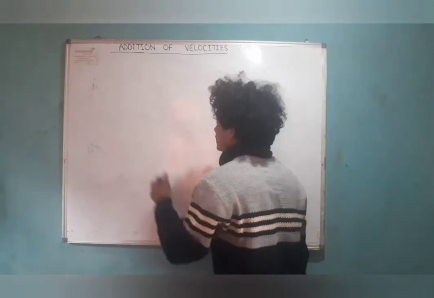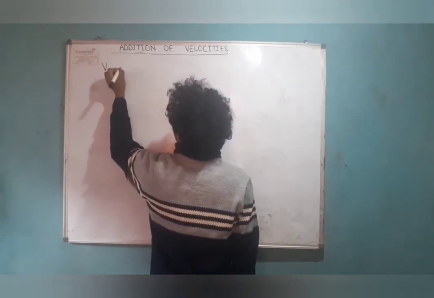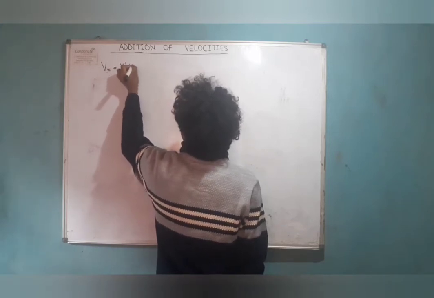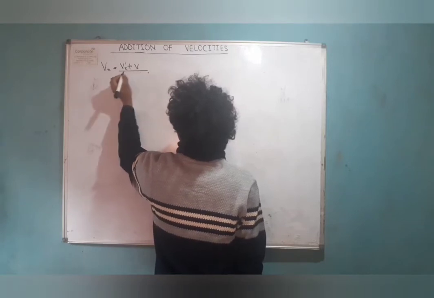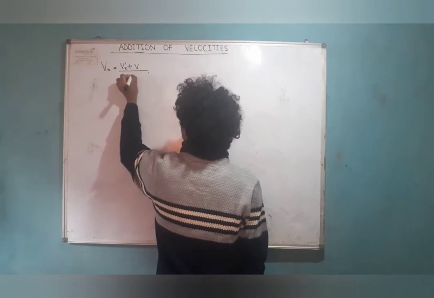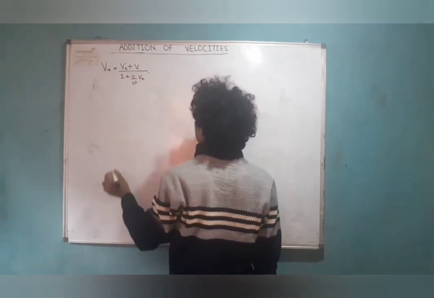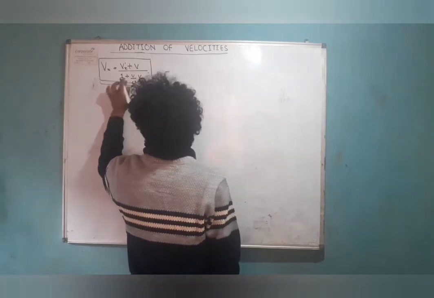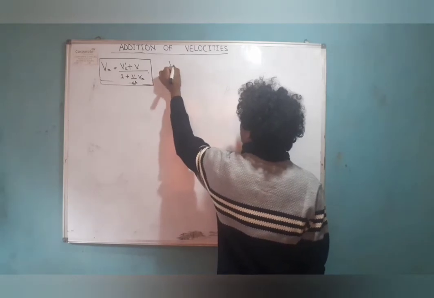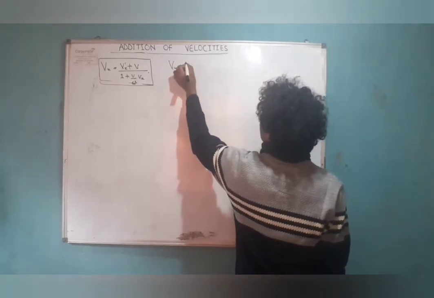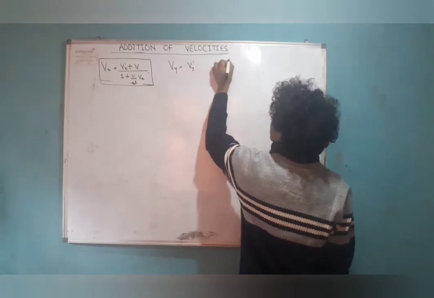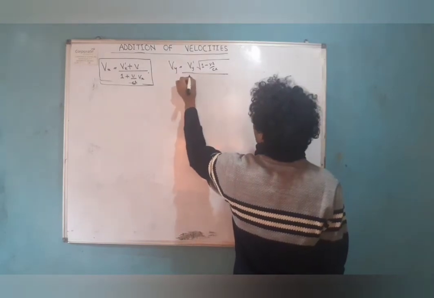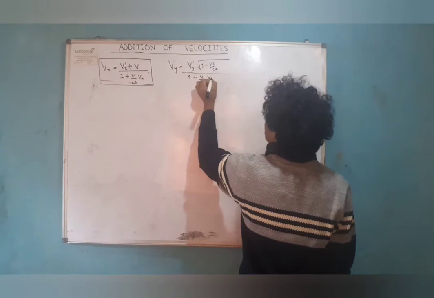Addition of velocity along the x-axis: Vx equals Vx prime plus V, over 1 plus V by c square Vx prime.